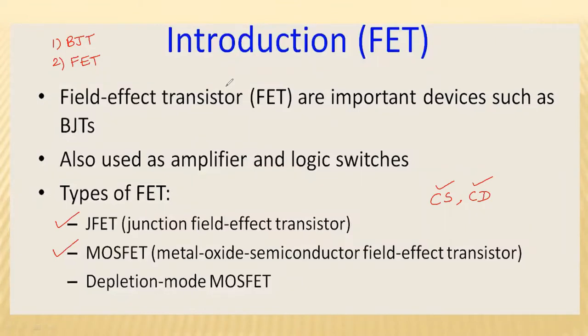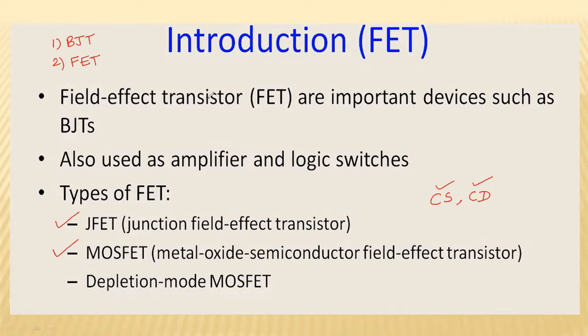When both junctions are reverse biased, BJT is operated in the cutoff region. When both are forward biased, BJT is operating in the saturation region. These are the three modes of operation.